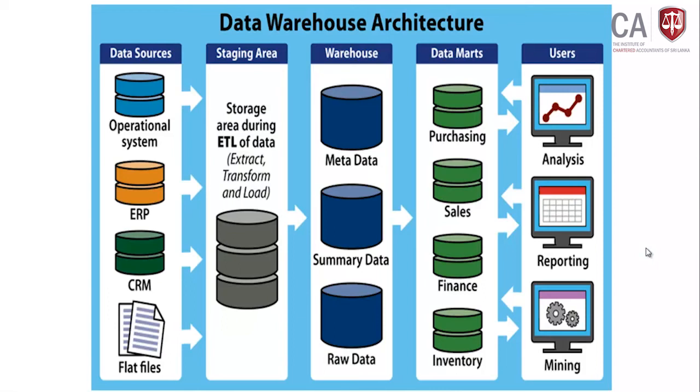So, data mart: purchasing, sales, finance, inventories. The data which come from these data sources and are stored in the warehouse will be separated into data marts. Let us say purchasing record, sales record, finance record, inventory record.